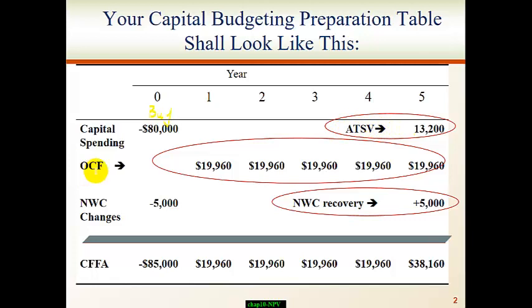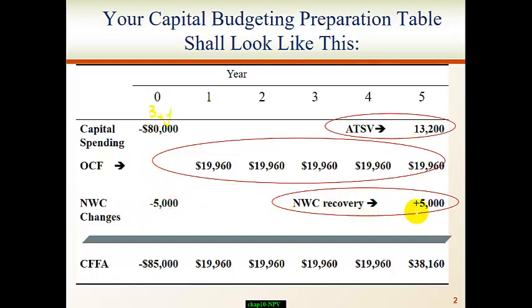Once we start operation, we have sales revenue. We want to understand operating cash flow. Remember, operating cash flow does not occur until we really put into operations. So we normally have operations start from year 1, not year 0. For net working capital change, in this case, we only have one-time spending at time 0 before we start operation.